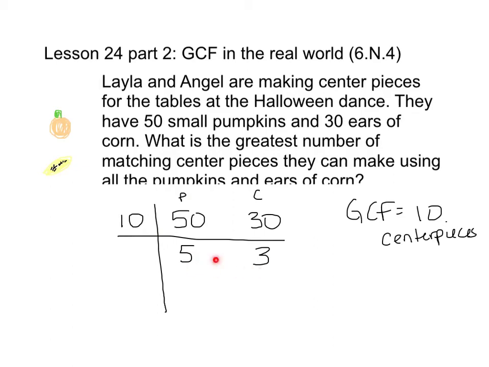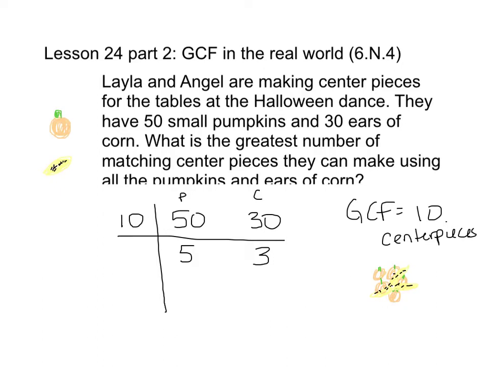Because you look at this bottom number here. All 10 centerpieces are going to have 5 pumpkins in them and 3 ears of corn in them. So we'll have 10 identical centerpieces that have 1, 2, 3, 4, 5 pumpkins and 1, 2, 3 ears of corn in them.